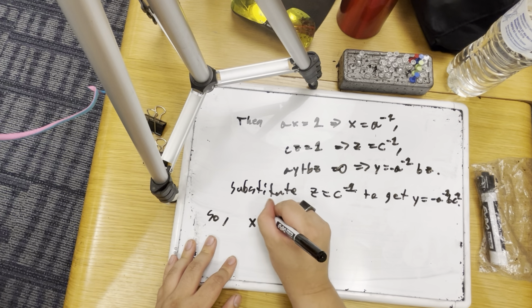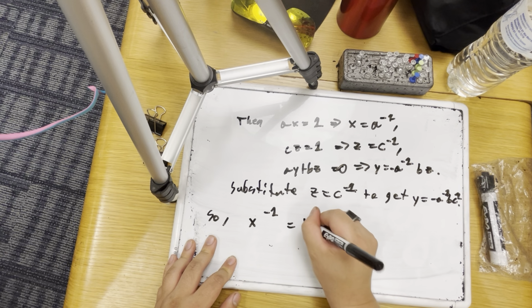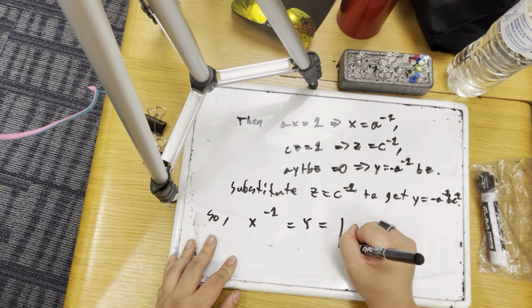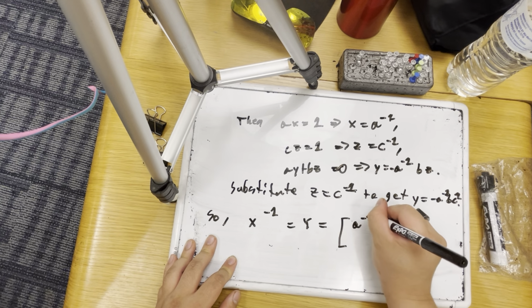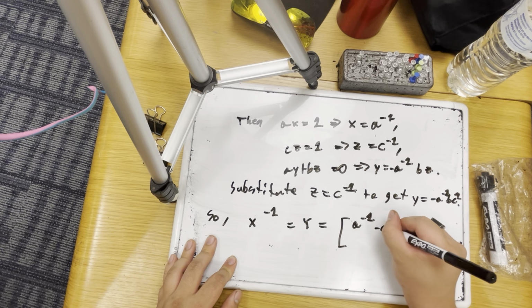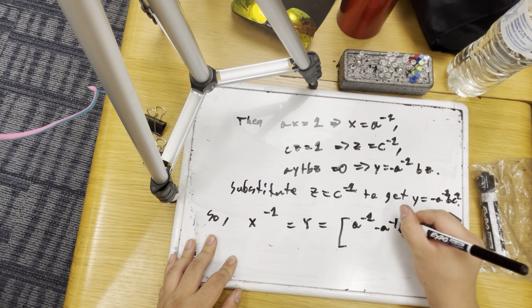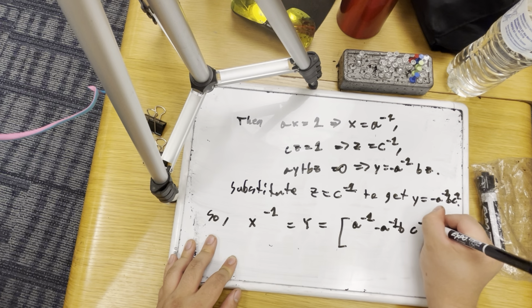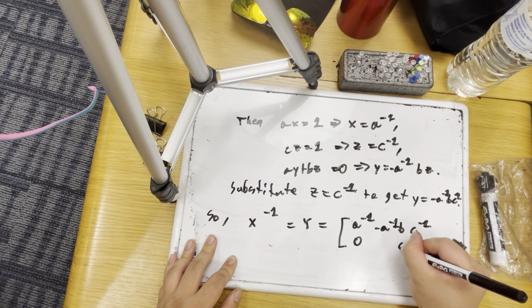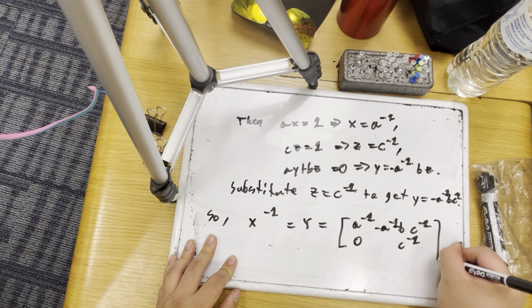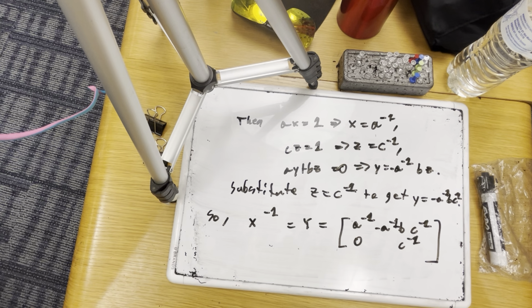So the inverse of X is equal to Y, which is equal to A inverse, then negative A inverse times B times C inverse, then 0, then C to the negative 1. Okay, let's verify this from the other direction.